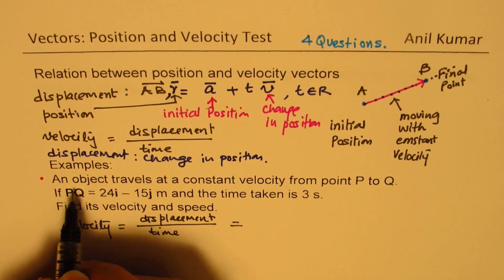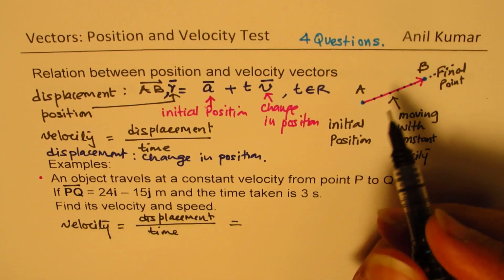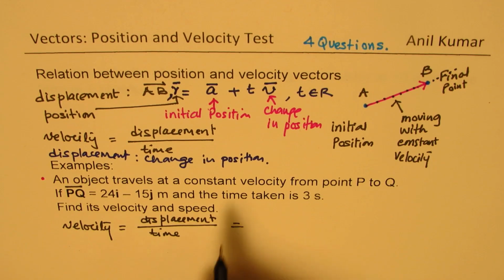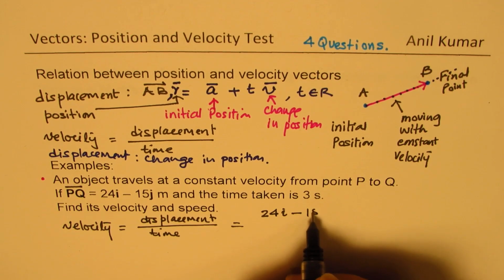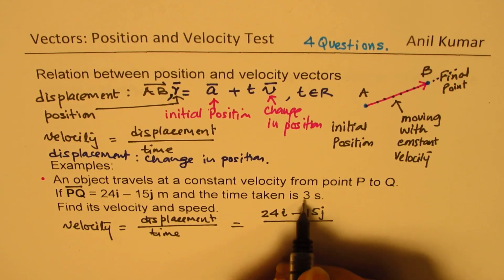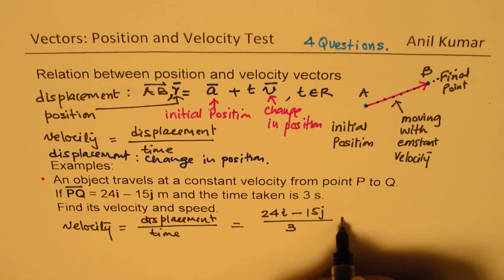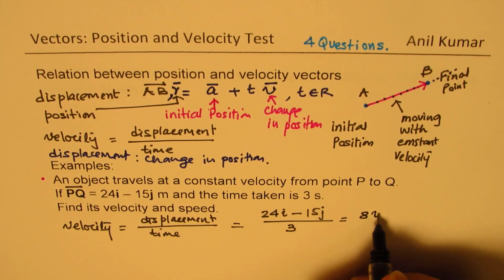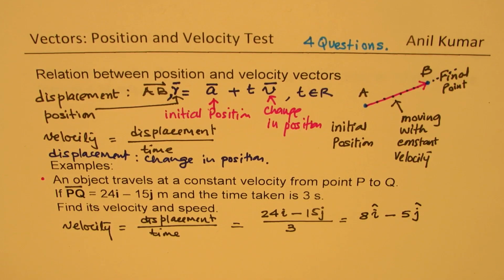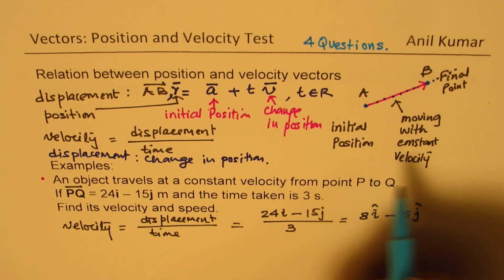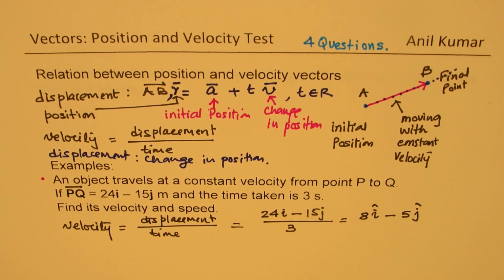In this case, PQ is the displacement from P to Q, as we were explaining from A to B. So it is 24i minus 15j divided by the time taken, which is 3, or we could write this as 8i minus 5j. Is that clear? Where i and j are the unit vectors in x and y directions, correct? Standard. So that is part A.